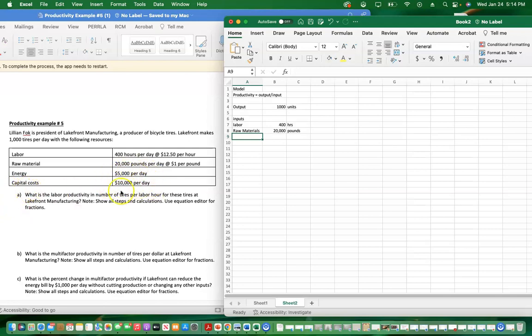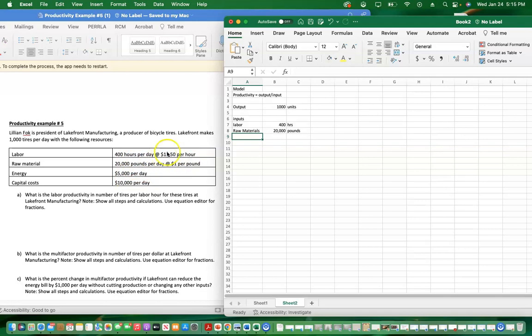So the unit of measurement here is dollars. But here we have hours and also we have pounds. So we cannot take 400, 20,000 and 5,000, 10,000 together, because we have different units of measurement. If we have to consider multi-factor productivity, then we need to bring labor hours in terms of dollars.